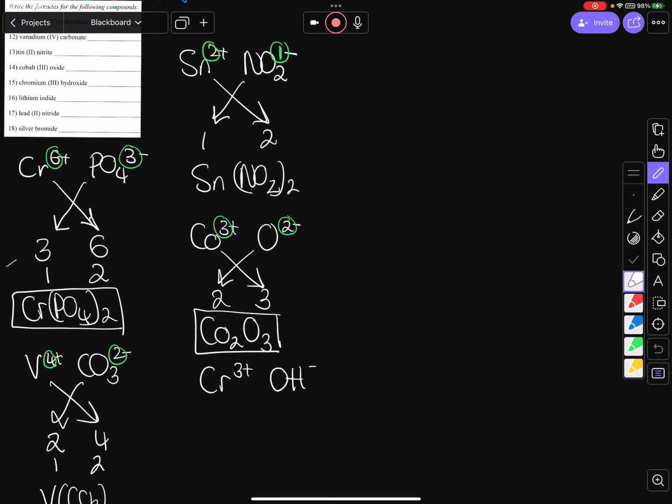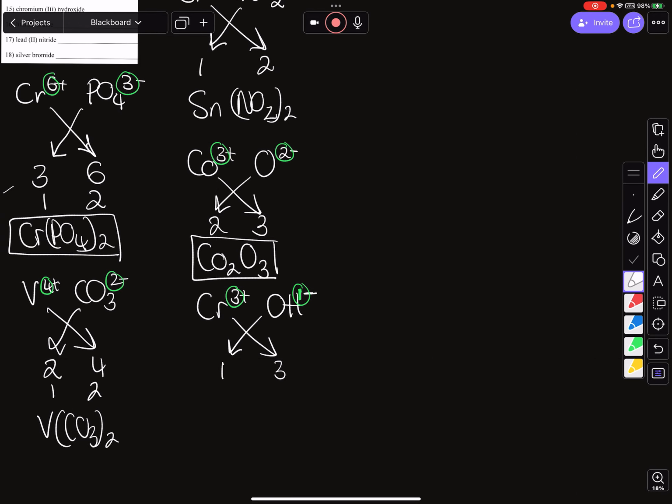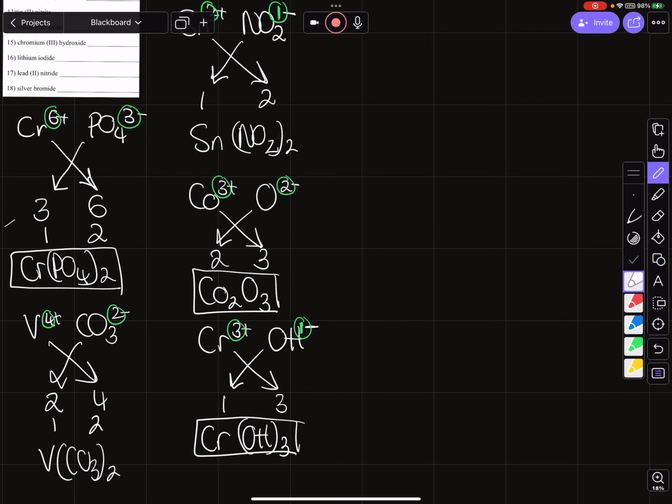Hydroxide is a complex anion, so you have to learn it. Again, the 1 isn't written, but it is inferred. These are the numbers that I'm dropping down. So we have a 1 and a 3. And then we finally put it together, Cr, and I now have 3 OHs in brackets.